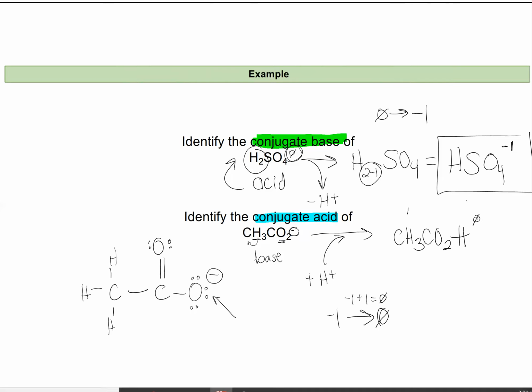So this will have a 0 charge that I can omit. It's kind of like just forming a hydrogen bond here. So for my conjugate acid, I'm just adding a hydrogen and adjusting the charge. For a conjugate base, I'm removing a hydrogen and adjusting the charge.